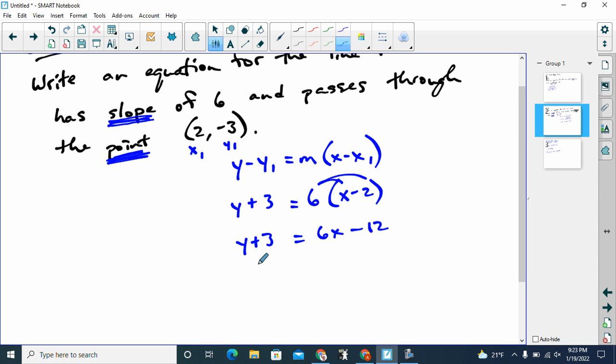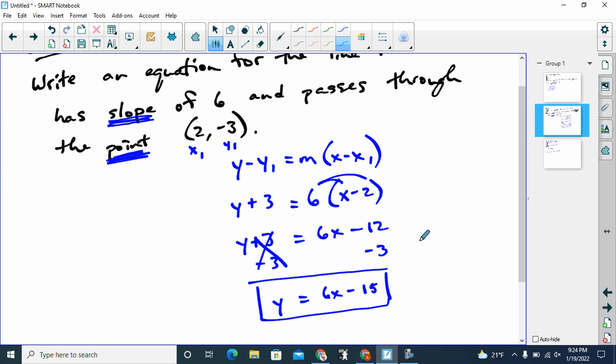And then subtract 3 from both sides. We're trying to get the y by itself. We get y equals 6x, -12 minus 3 is -15. Y equals 6x minus 15.